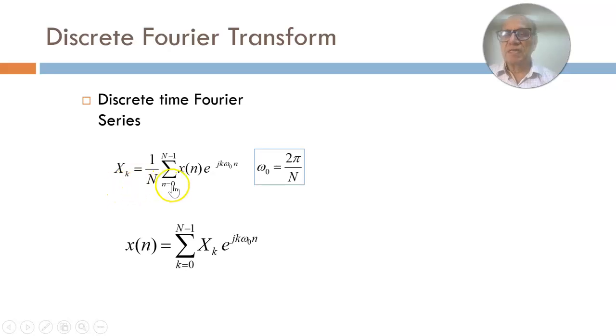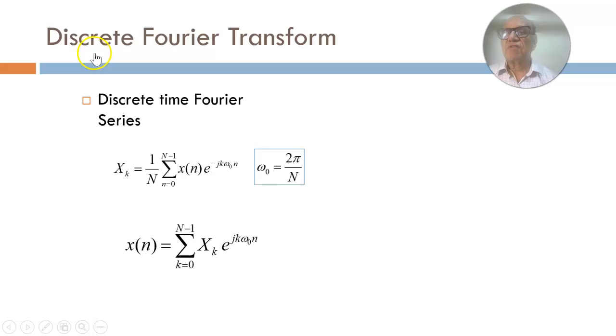X[k] is the Fourier series coefficient that you calculate, and as we noted last time, one major difference between continuous time Fourier series and discrete time Fourier series is that the frequency spectrum also is periodic and its period is also equal to N. So note that in this case k represents the frequency index and n represents the time index. This equation is useful for calculating the Fourier series coefficients, and if the Fourier series coefficients are known, then you can calculate x[n] by using this equation.